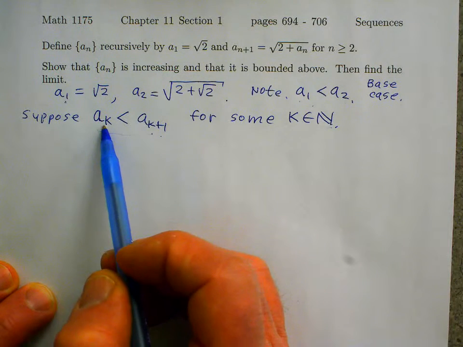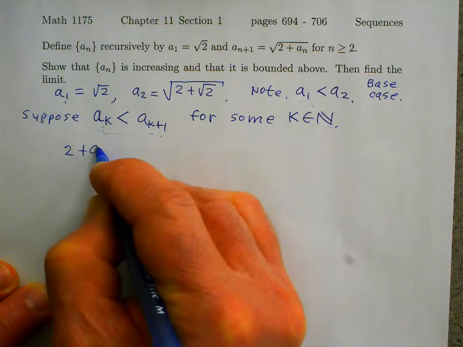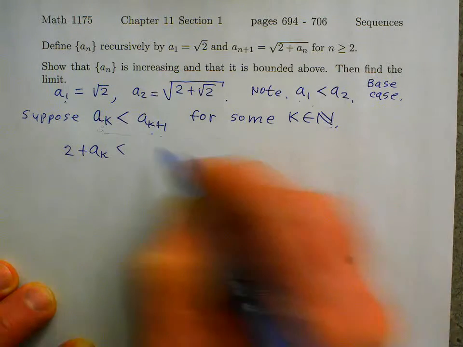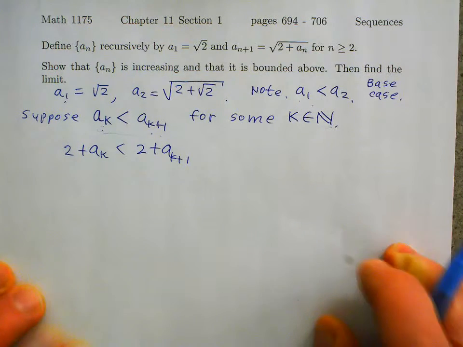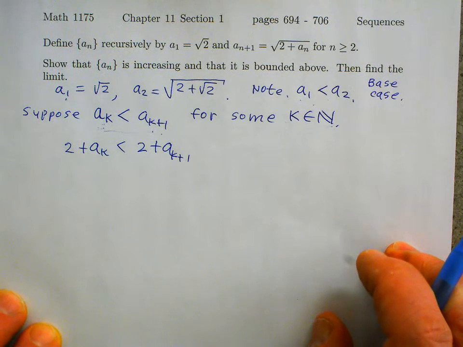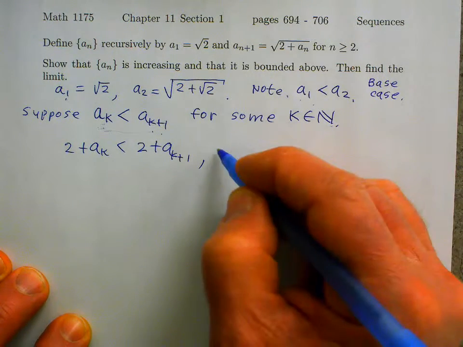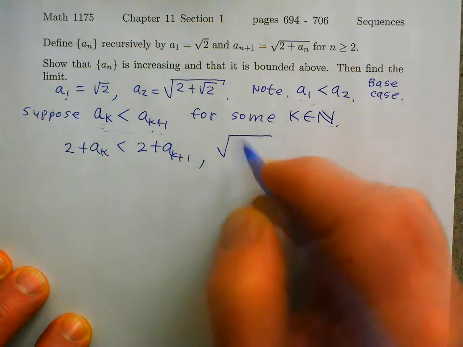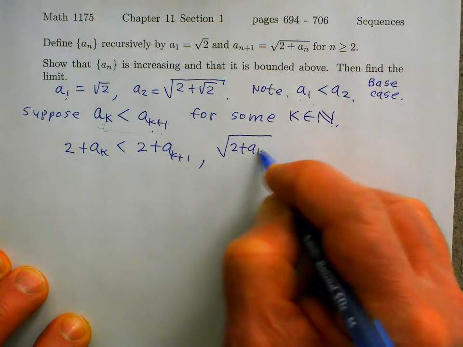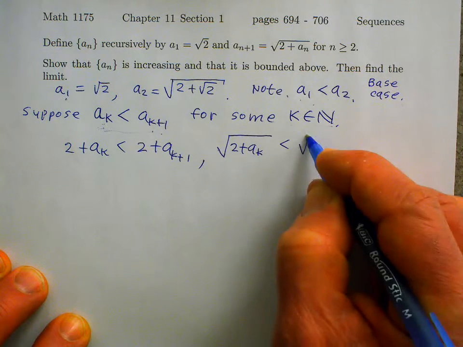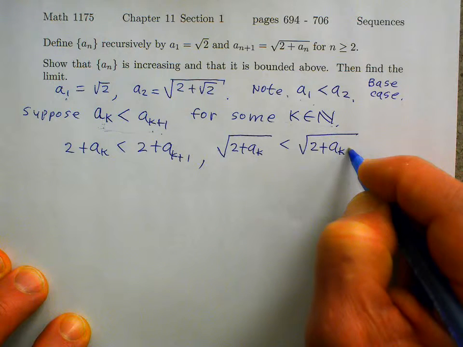Okay, so if we suppose this, if we add 2 to both sides, 2 plus a sub k, it's still going to be less than 2 plus a sub k plus 1. All I did was add 2 to both sides, so the inequality still holds, right? And then if I take the square root of both sides, we still preserve the inequality. The square root of 2 plus a sub k is less than the square root of 2 plus a sub k plus 1.